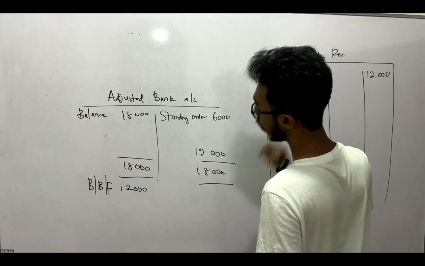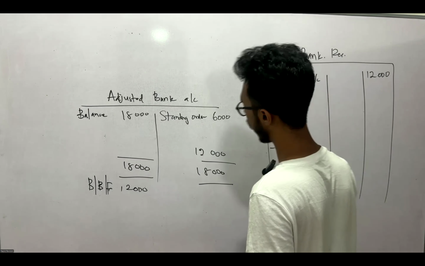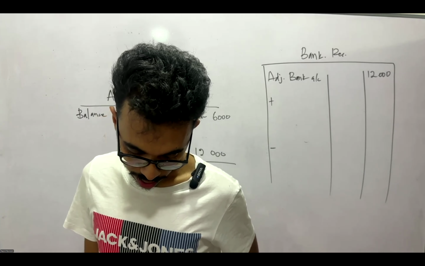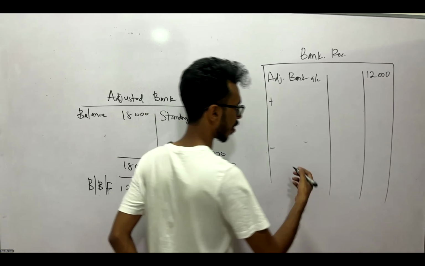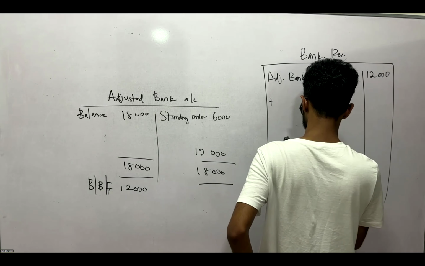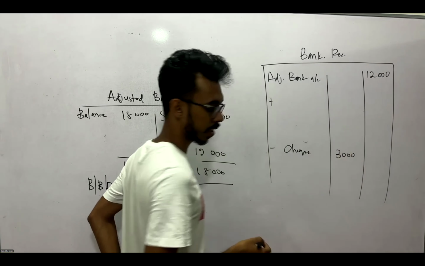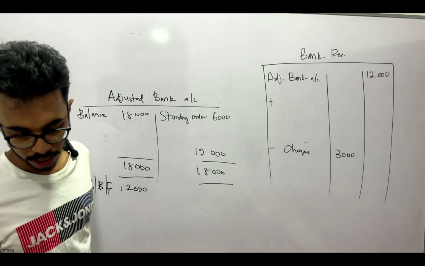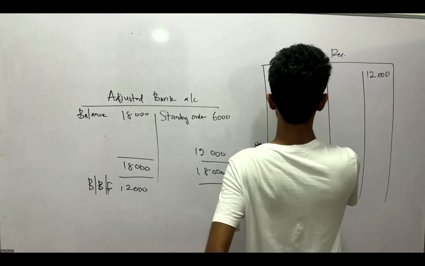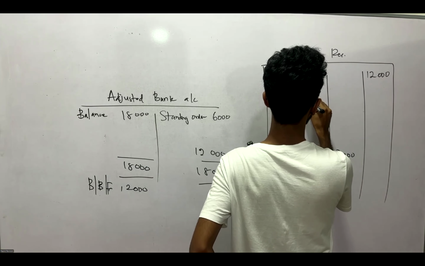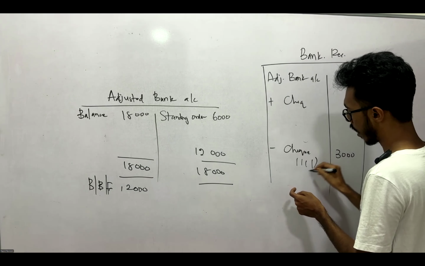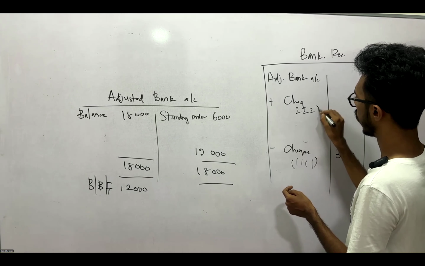Then you have to add unpresented checks. Then you have to minus unrealized checks. So first we have an unrealized check for 3,000, minus 3,000, right? And then there's an unpresented check for 4,800. They haven't given any numbers, so check 111, number down, check 222, number down.